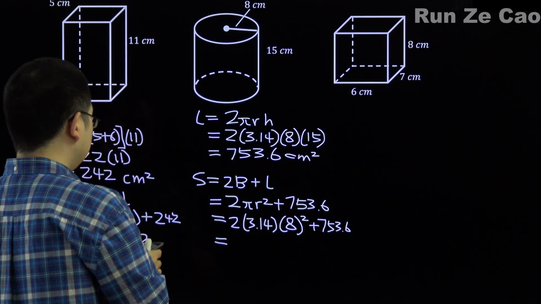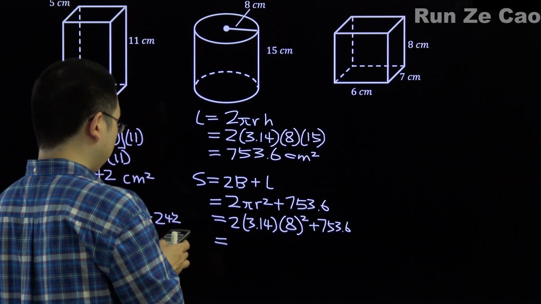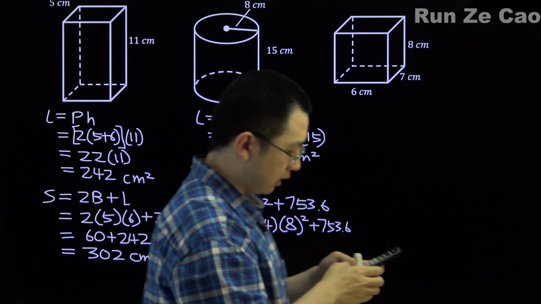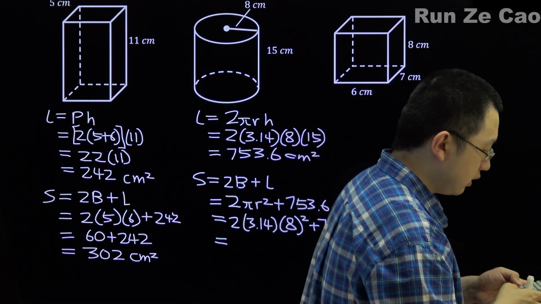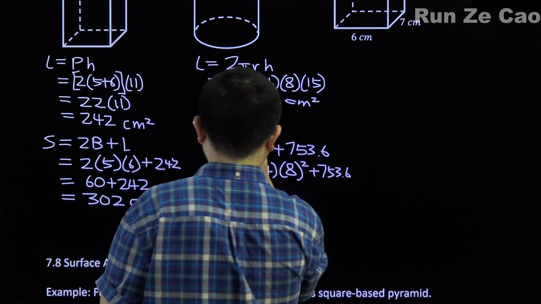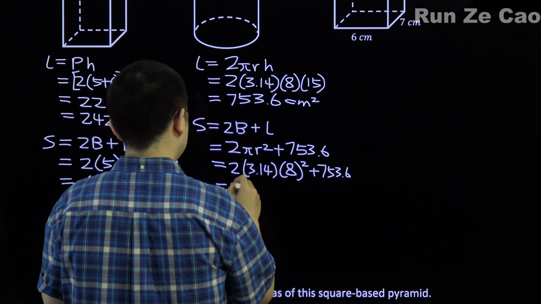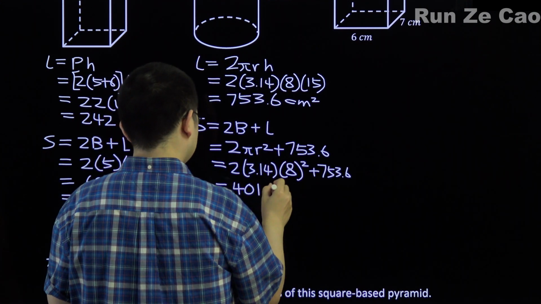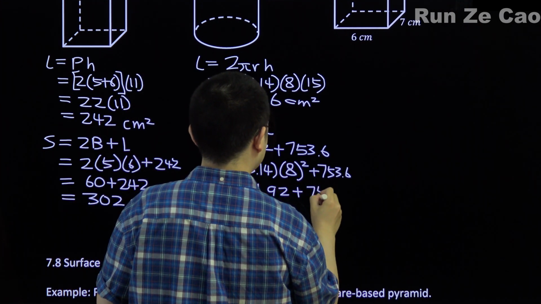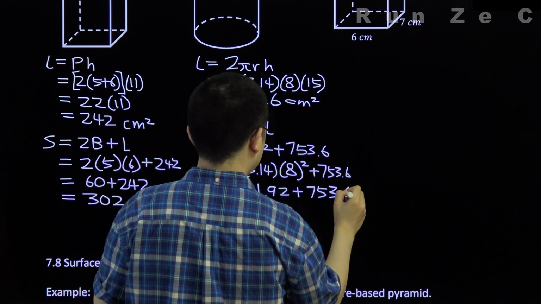So store this away, and 64 times 2, oh wait, no, I could have just done 128 straight off, times 3.14, that's 401.92 plus, you know what, we should write this down, plus 753.6.